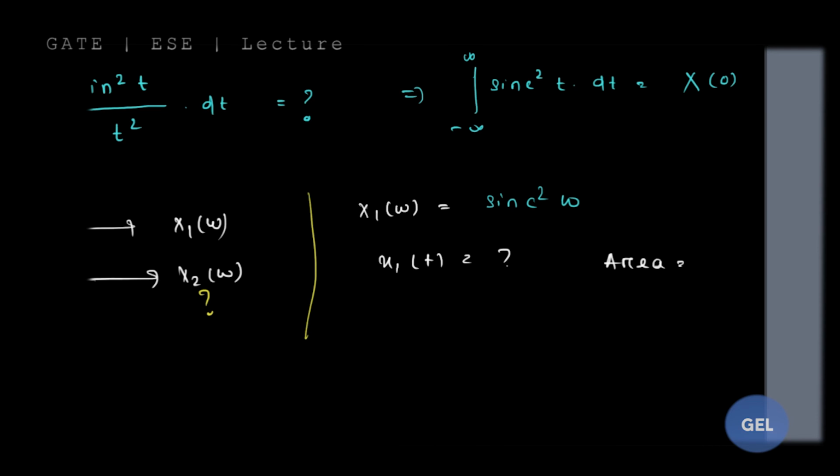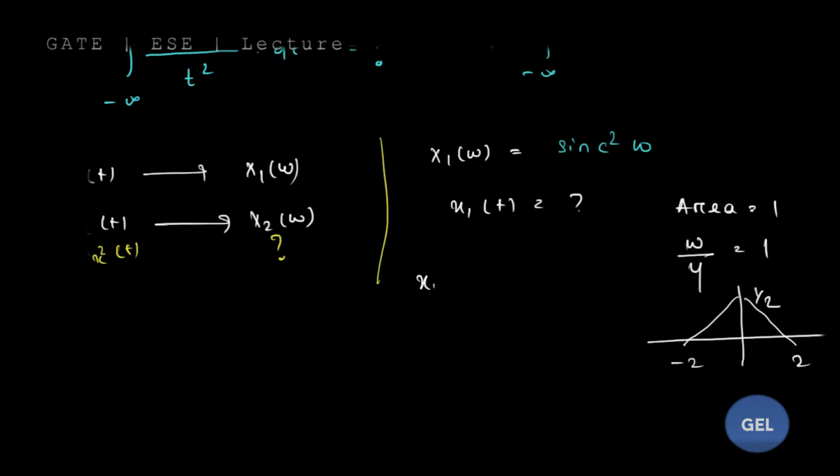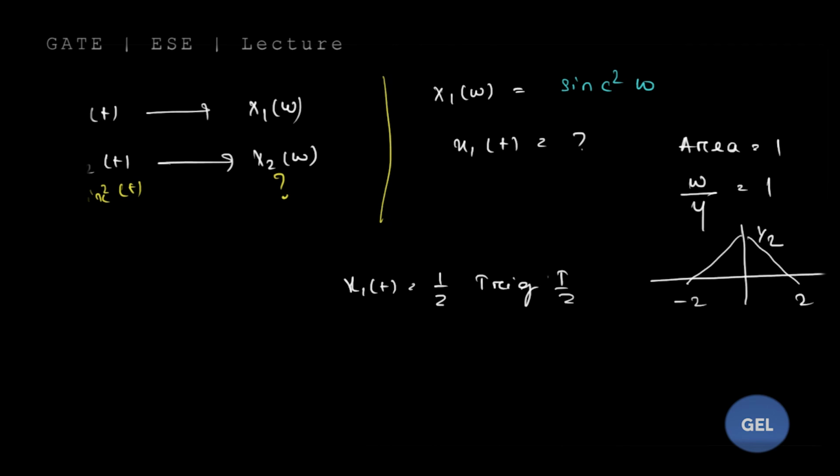You can see your area is 1 and width by 4 is 1. That means your function must look like this, from minus 2 to 2, with height 1/2. Yes or no? So x1(t) is nothing but 1/2 triangular t/2. You know the triangular equation, right?